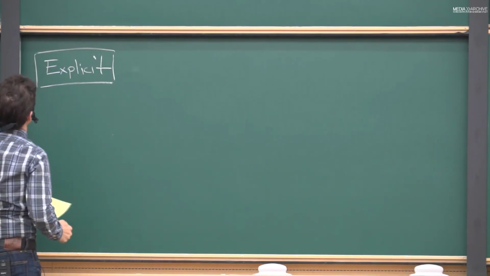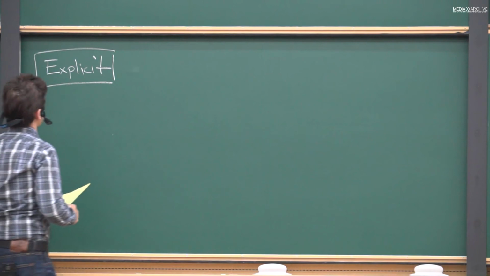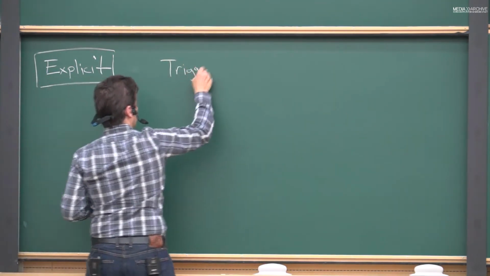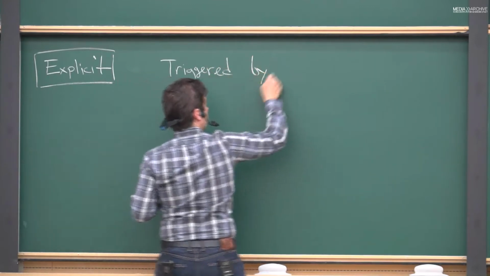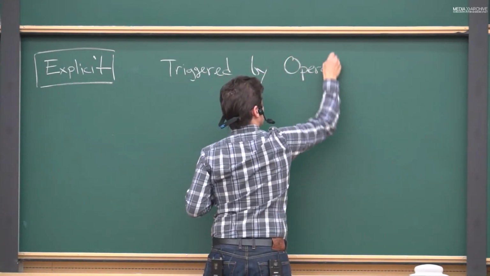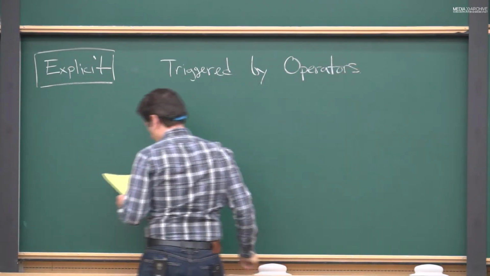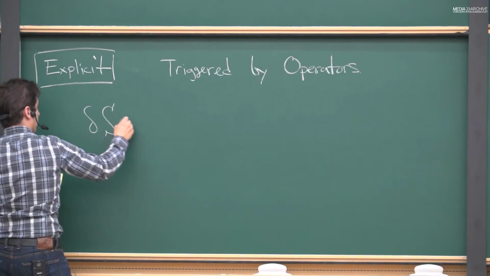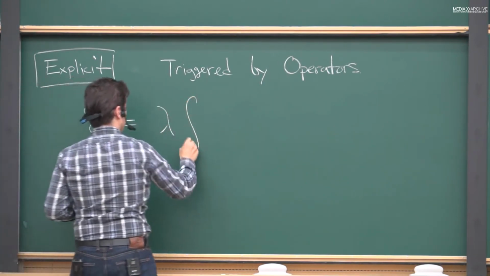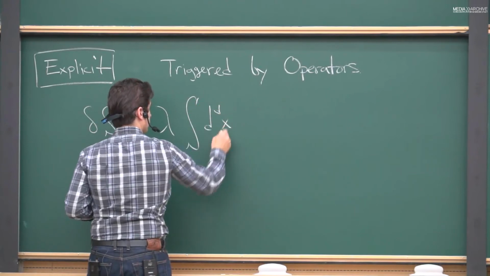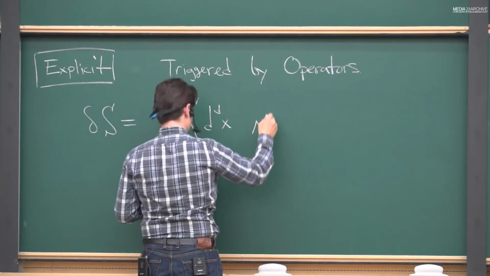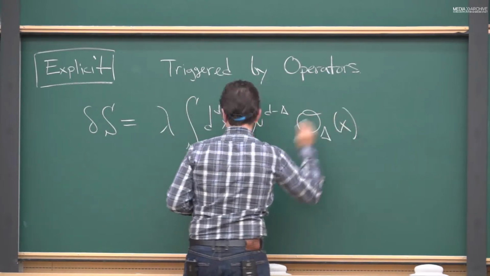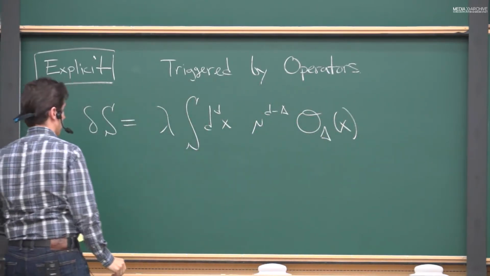In the explicit case, we'll be able to say a lot today because explicit breaking is triggered by operators. By that I mean we're going to take our action and deform it as follows. So what are the symbols here?